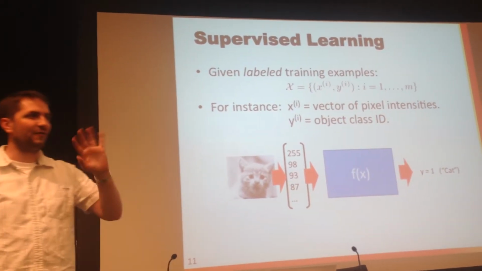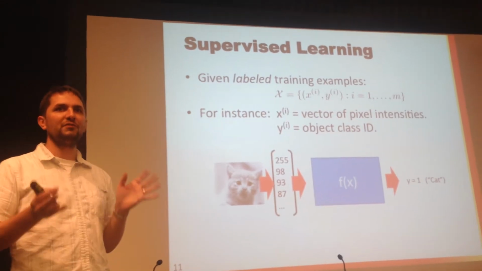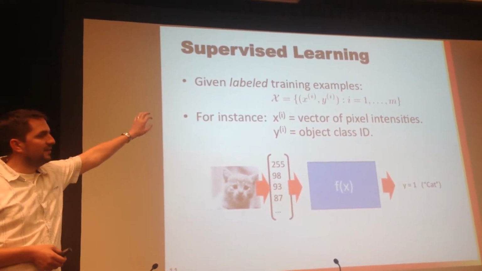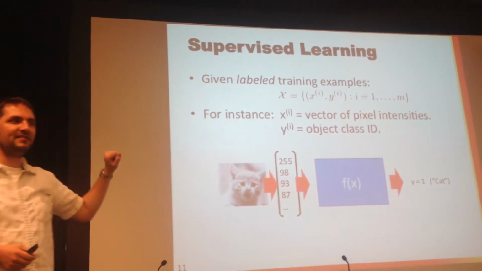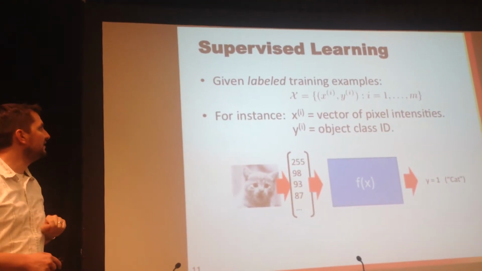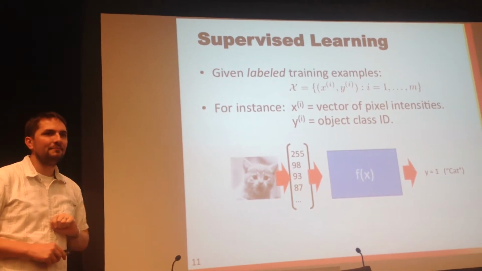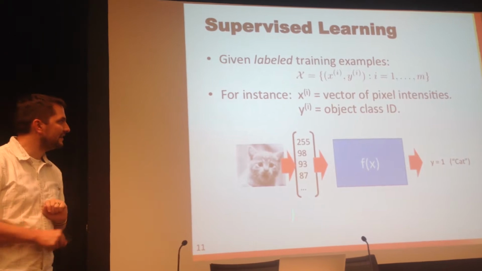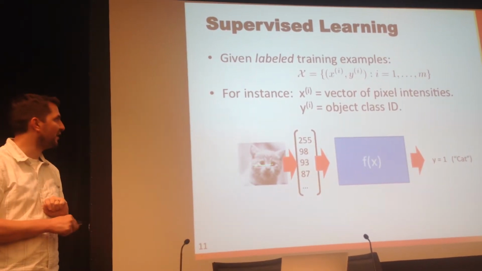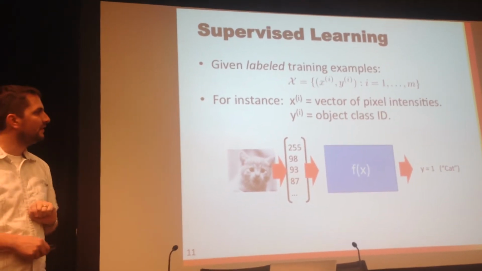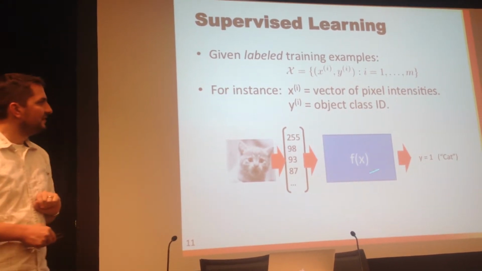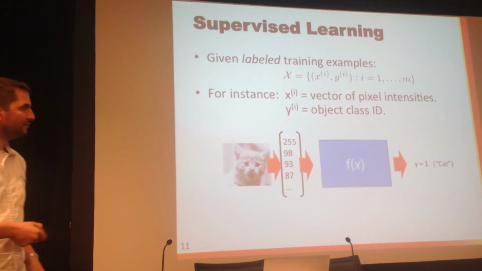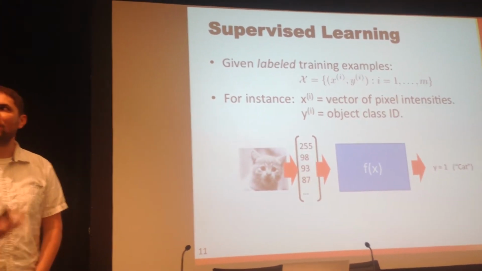The basic framework that we're going to start with is called supervised learning. In supervised learning, the idea is that I'm going to give you a bunch of examples, and I'm going to tell you what they are. For example, I'm going to give you this image of a cat, and I'm going to represent the cat as a vector, x_i, that has all of the pixel intensities, the brightness of each pixel in the image. Then your job is to somehow invent or find some function, f(x), that can predict whether this is a cat or not.